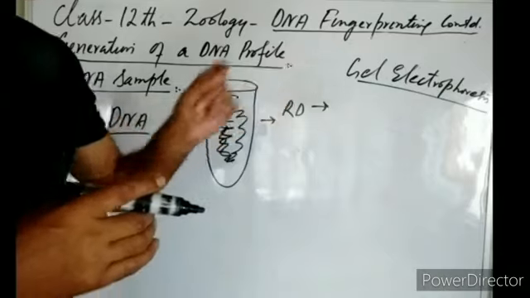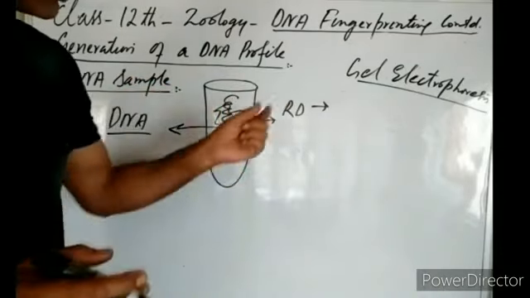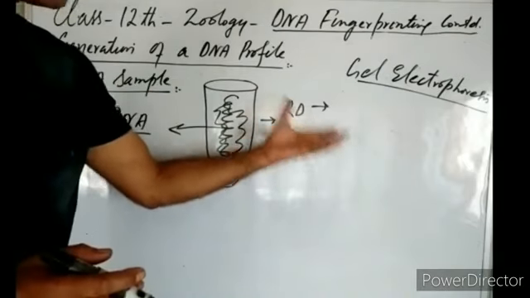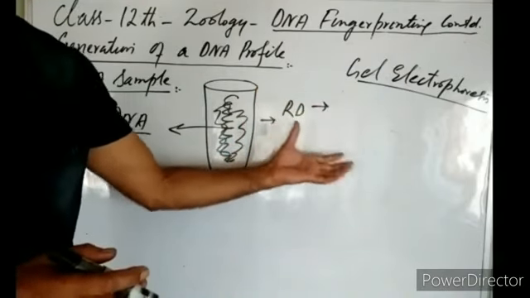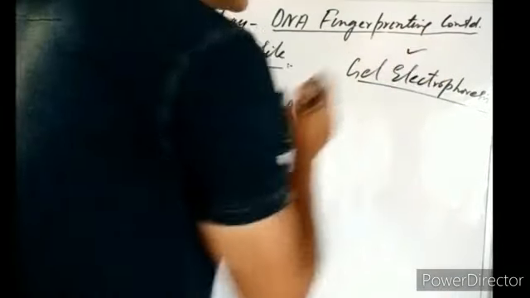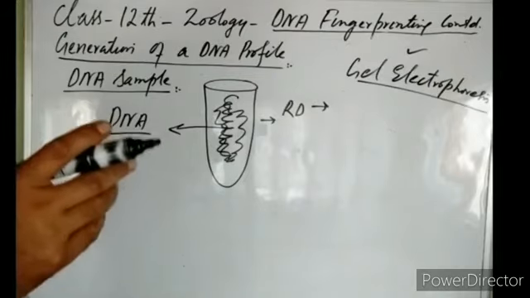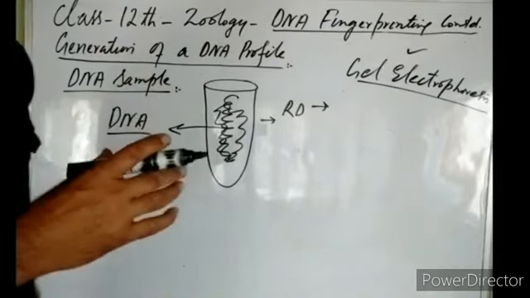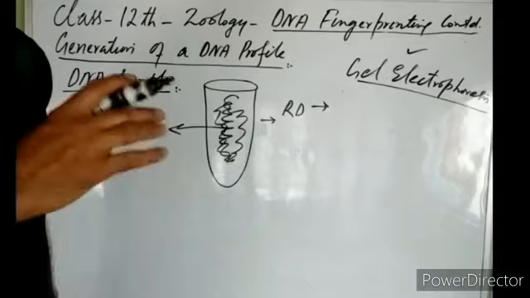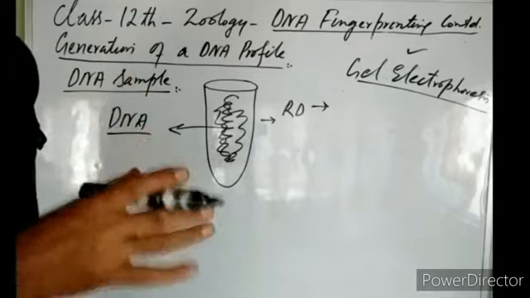So with the help of gel electrophoresis, scientists can separate DNA fragments of different lengths. This technique is known as gel electrophoresis. It is used for segregating DNA fragments of different lengths, so smaller fragments are separated from the larger fragments.